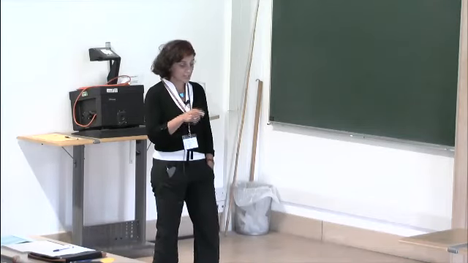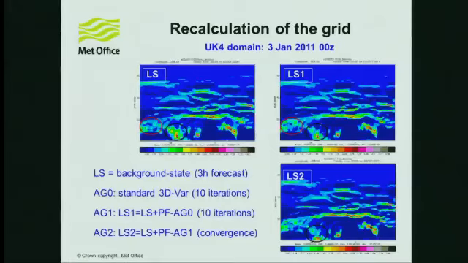The second implementation was about this iterative calculation of the grid. This is the monitor function again as a function of latitude. This is the case where we use the background state, so the previous forecast. And as you can see, I've highlighted some parts to have a look at the differences.